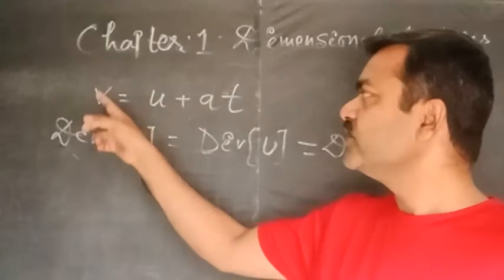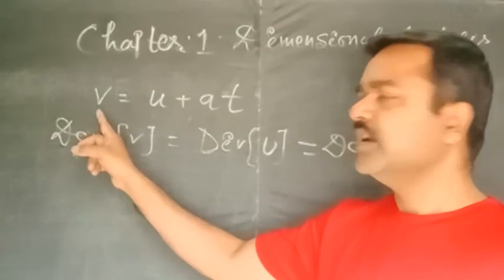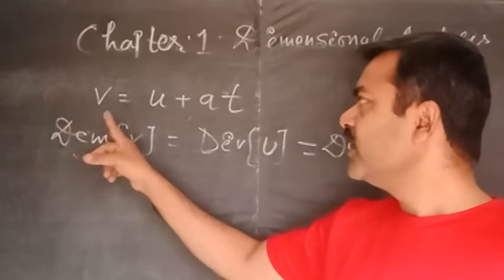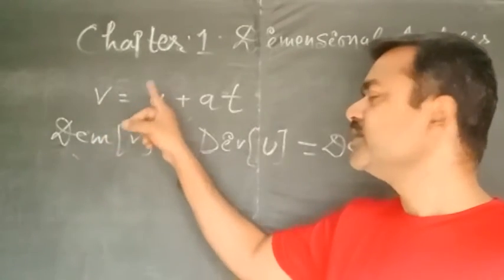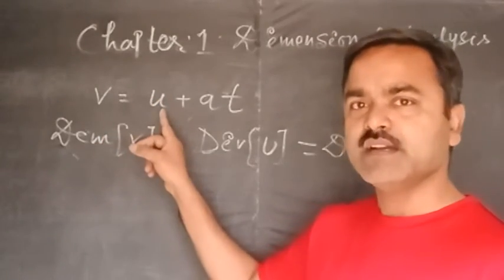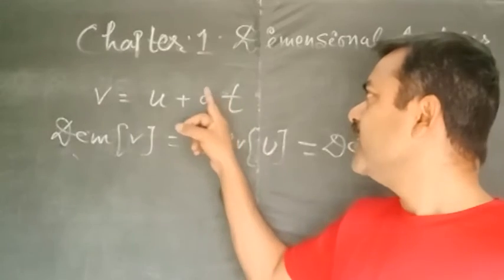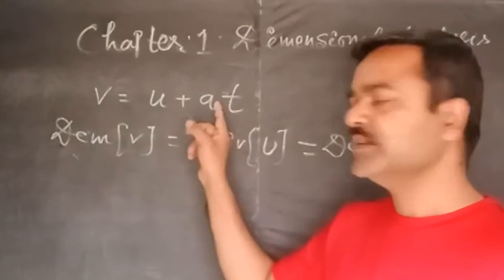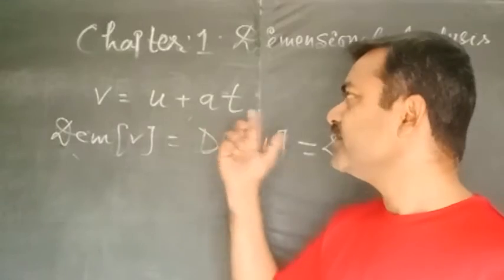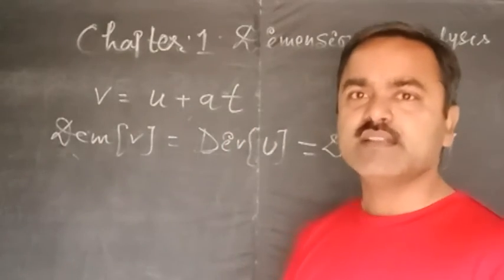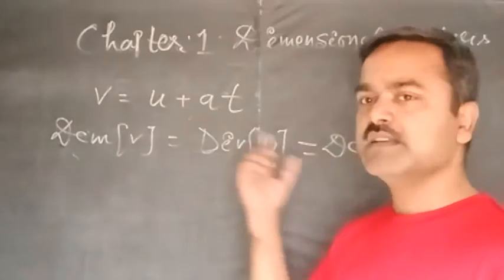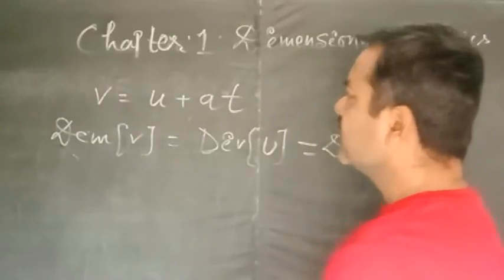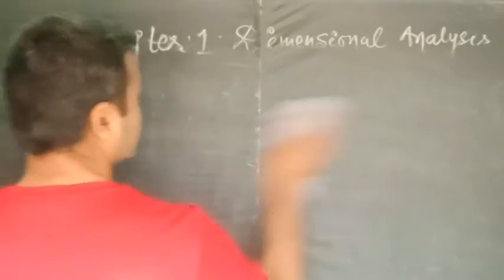So if you want to check whether this one is correct, the dimensional formula of this one is LT^-1, and this is also speed, so the dimensional formula is LT^-1, and here LT^-2 into T, again LT^-1. So the dimensional formula of each term is LT^-1. So definitely it is correct. Okay, one more example I am taking here.